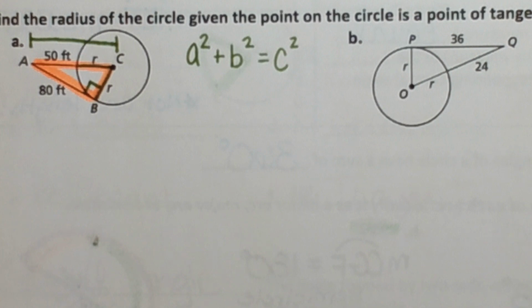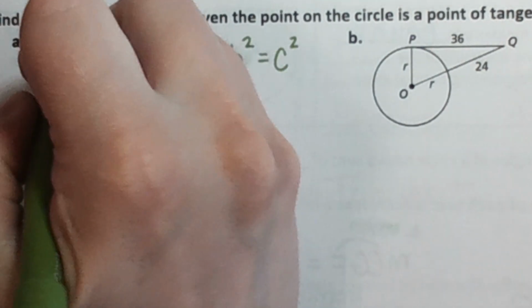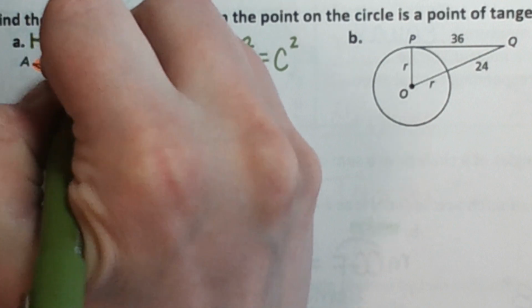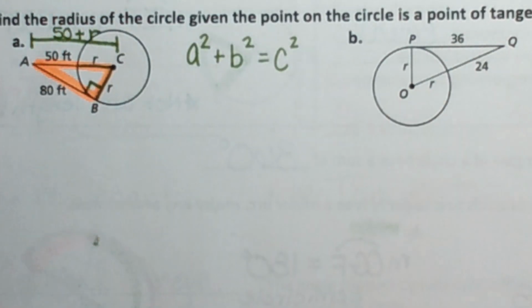You just do 50 times R squared, right? Nope. If I want to find this length, what do I do with the 50 and the r? Add them. Is 50 plus r going to go together? No, they are not like terms. That length is 50 plus r.